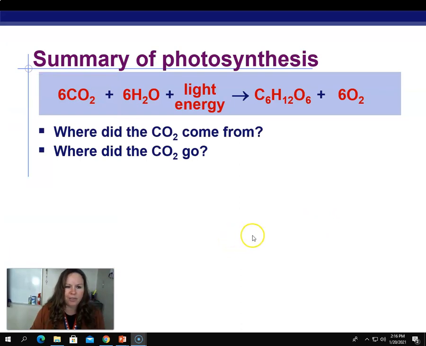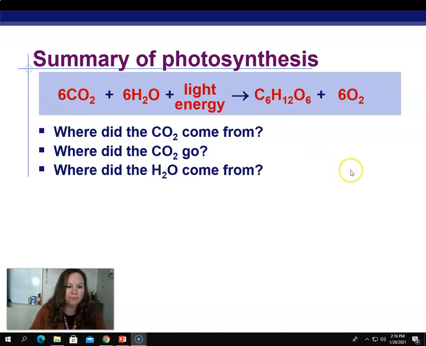So we should know the answers to these questions. Where does the CO2 come from? The air, right? Where does the CO2 go? Well, it gets fixed into organic molecules and eventually goes into sugar. Where's the H2O come from?